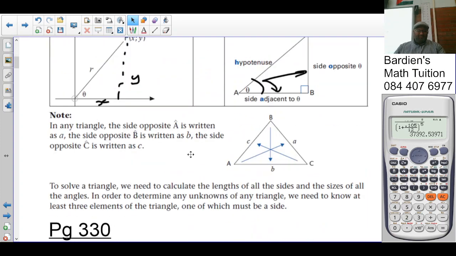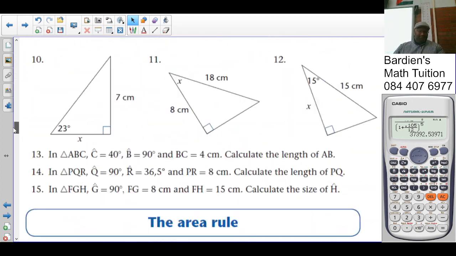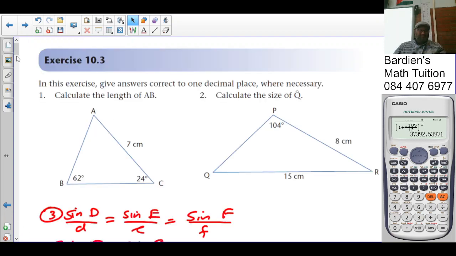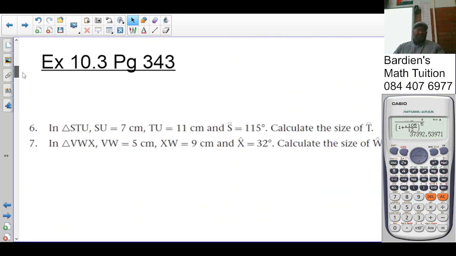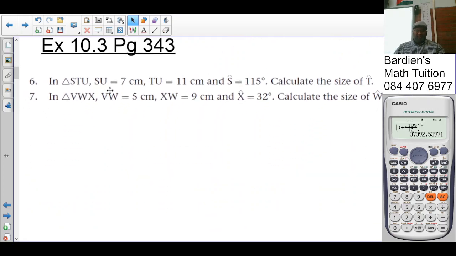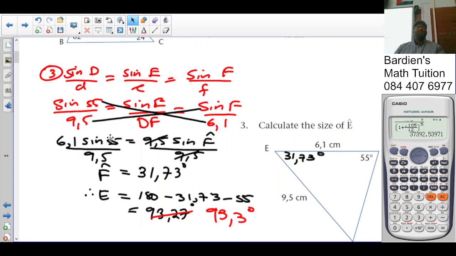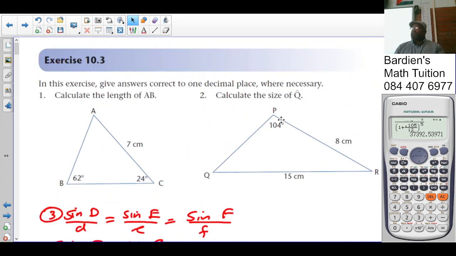Listen, we are busy with sine, cos, and area rule. You're on exercise 10.3. You had to do numbers 6 and 7. What did you have to do out of exercise 10.3? Even numbers. Number 2, any issues there? No problem with number 2.